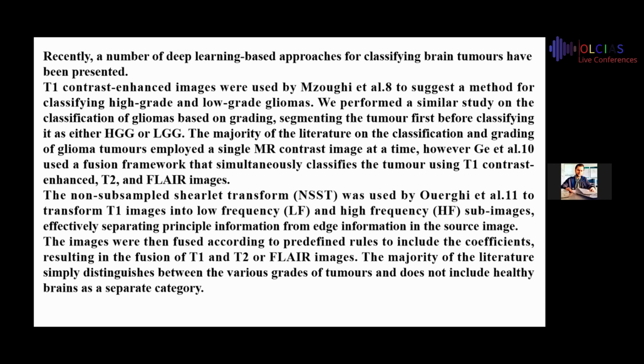The non-subsampled shearlet transform, NSST, was used by another researcher to transform T1 images into low frequency, that is LF, and high frequency, that is HF, sub-images, effectively separating principal information from edge information in the source image. The images were then fused according to predefined rules to include the coefficients, resulting in the fusion of T1 and T2 or FLAIR images. The majority of the literature simply distinguishes between the various grades of tumor and does not include healthy brain as a separate category.